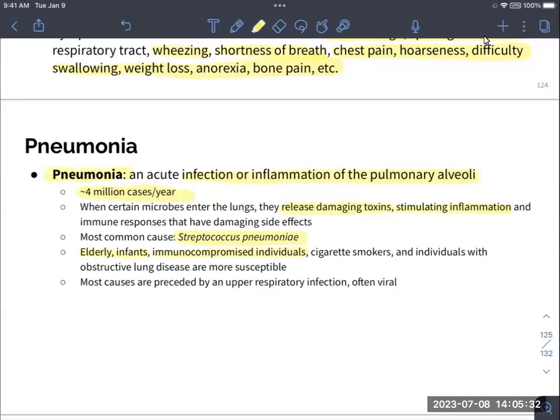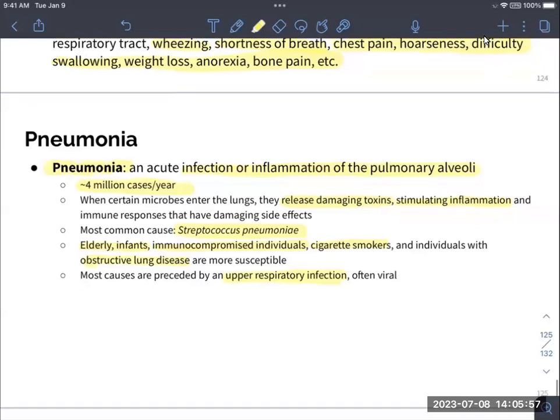Anyone who smokes, smoking brings in all kinds of different dangers. People with obstructive lung disease are the most susceptible. And it usually starts from an upper respiratory infection, something that's in the nose and the throat, and it just continues to travel down till it makes it into the lungs.